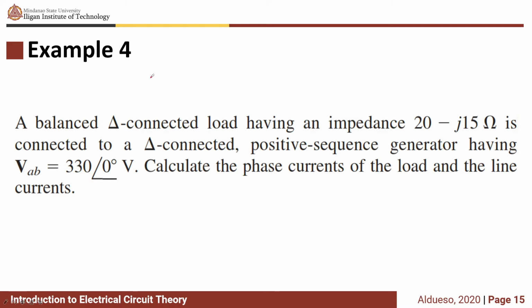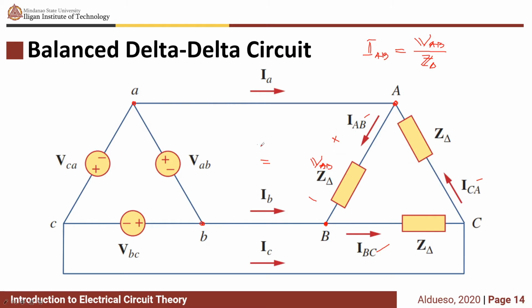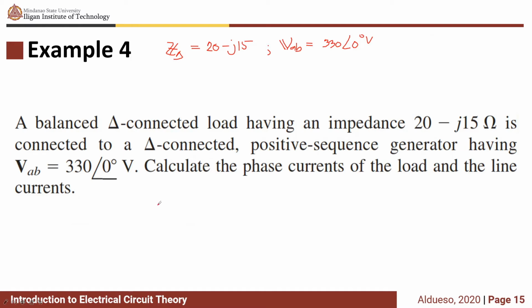So we have Z delta equivalent to 20 minus J15, and we have VAB equal to 330 angle 0 volts. The configuration of this example is the same as this. So we can directly solve for phase currents.